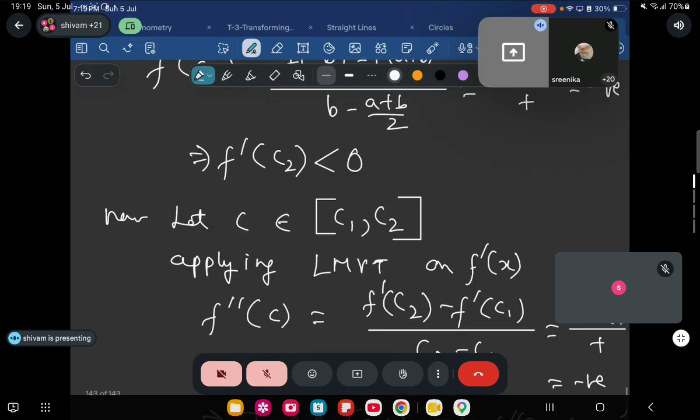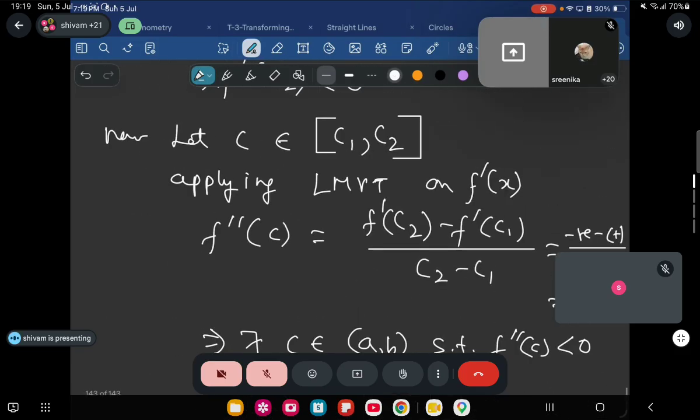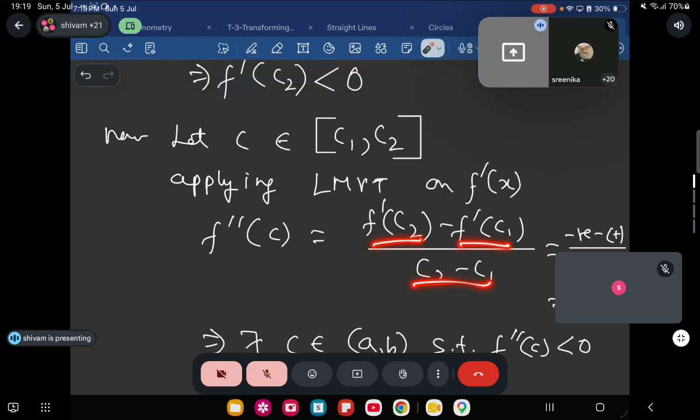In that case, let us do some backtracking. Over here, f double dash c is equal to (f dash c2 minus f dash c1) upon (c2 minus c1), right? Over here, c2 was greater than c1, so the denominator will always be like this only. We have to take such an interval such that the numerator is coming positive.